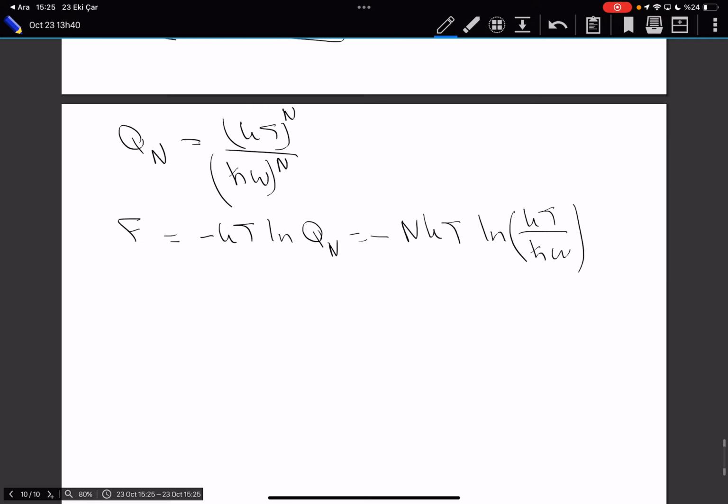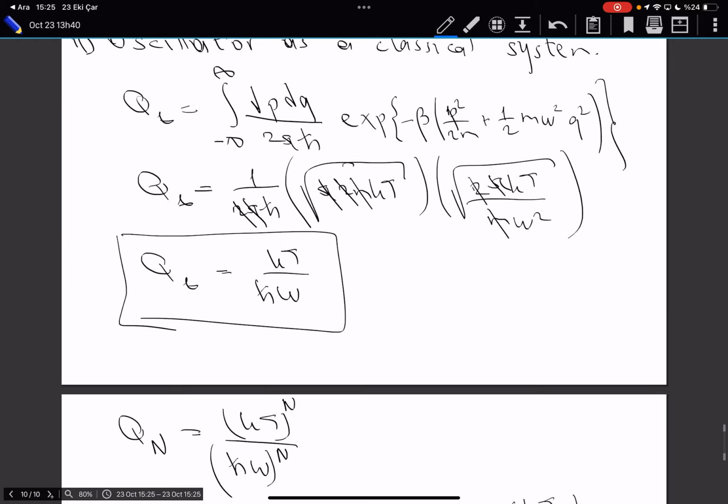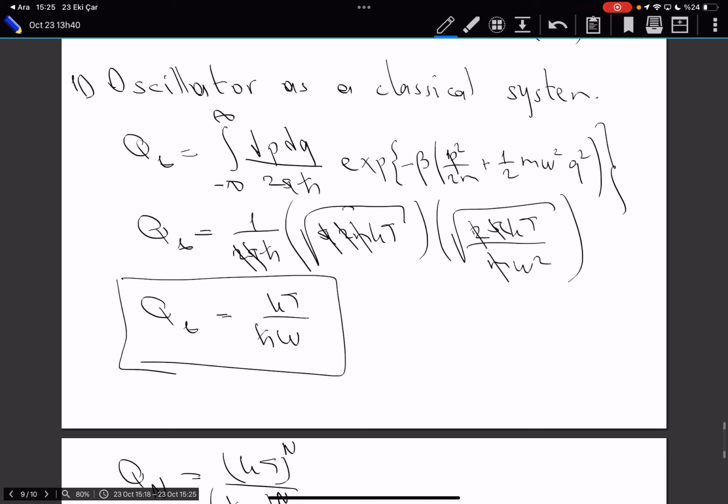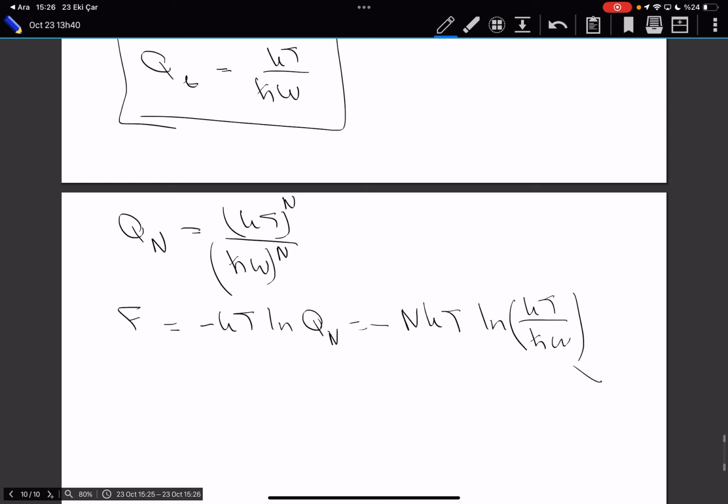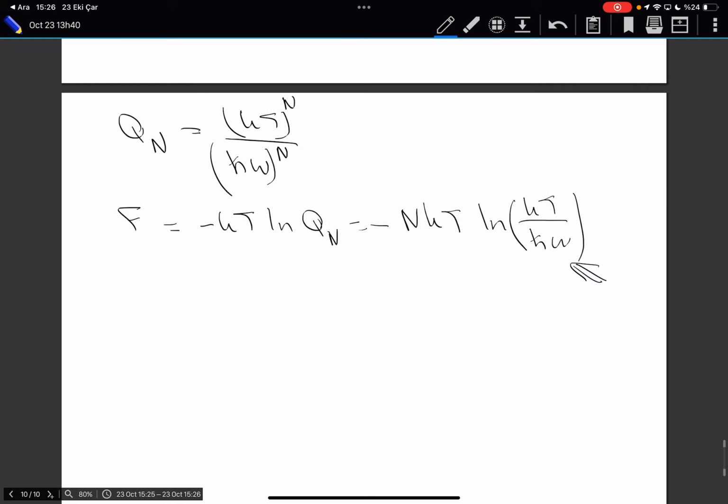Yeah, I see, we are looking at the classical treatment here. h bar appears only because of this minimum volume element in phase space, which came from quantum mechanics. But besides that, everything is classical. But still, somehow this h bar omega still appears. Well, it won't change the final result.